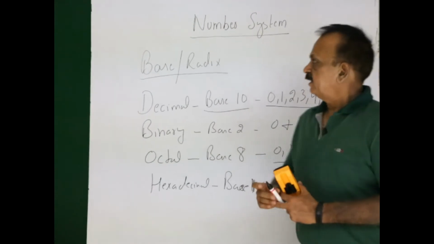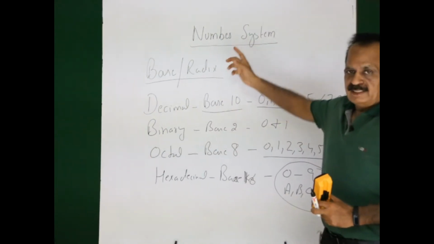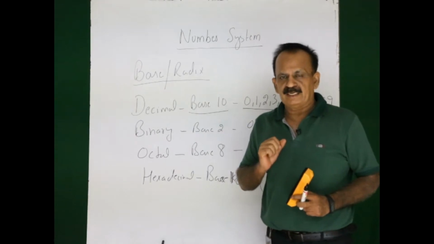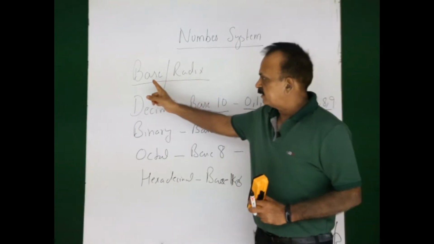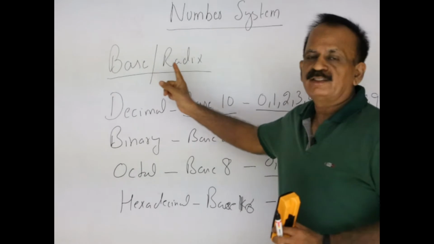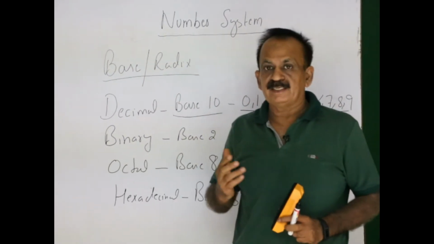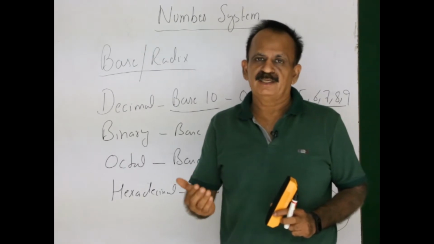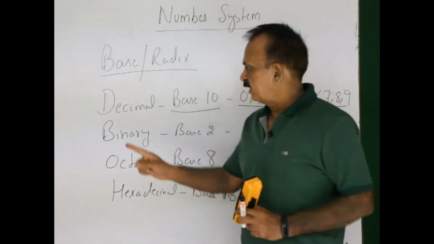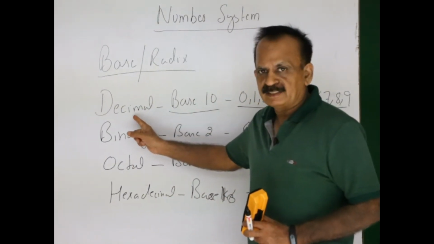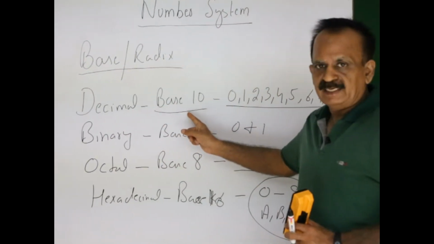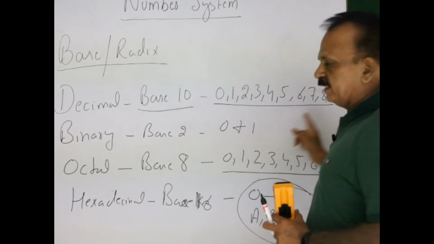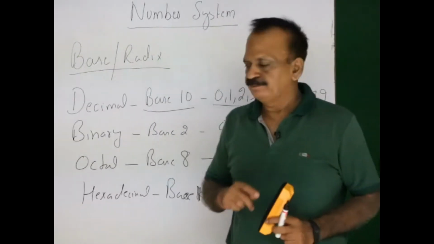That means a number system is a set of digits and symbols which are used for counting and calculation. Every number system has an associated base or radix. Base or radix represents the maximum number of digits or symbols in the number system. For example, the decimal number system has base 10. Base 10 means it has 10 digits, that is 0 to 9.